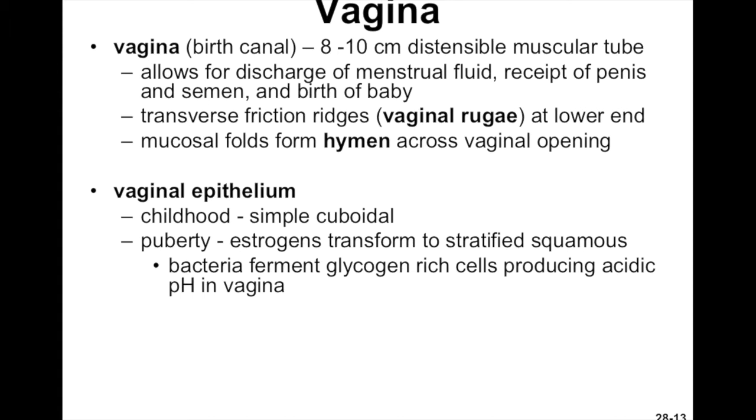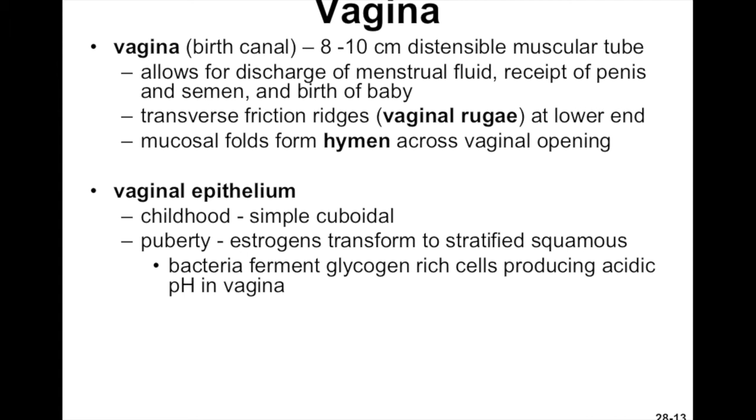It's just a simple layer. Okay, it's just one layer, which you can imagine if you have any friction in there, that it's going to cause damage very easily. Okay, once they hit puberty, however, that will transform into stratified squamous, and that is going to be there in order to protect against friction when someone's having intercourse.